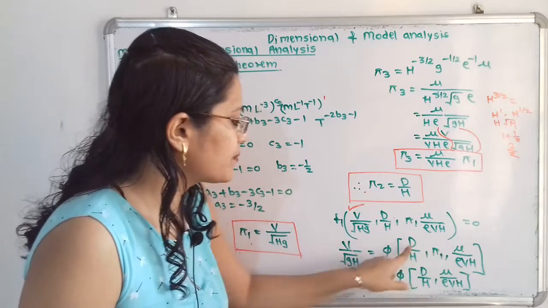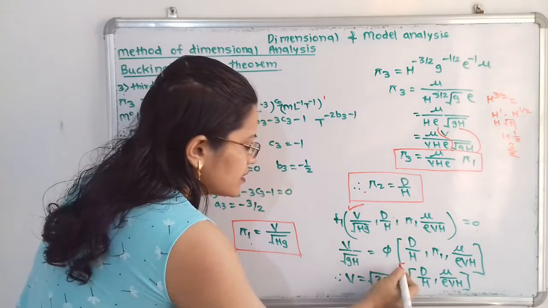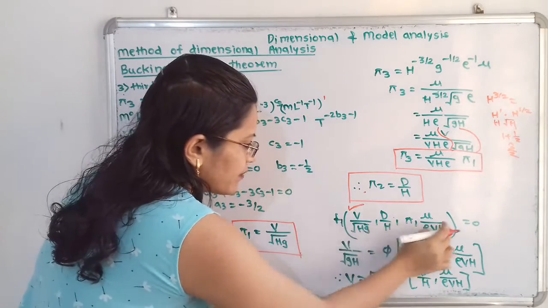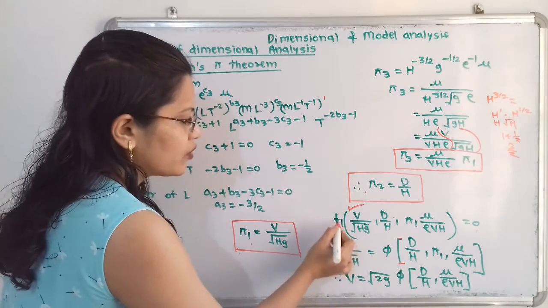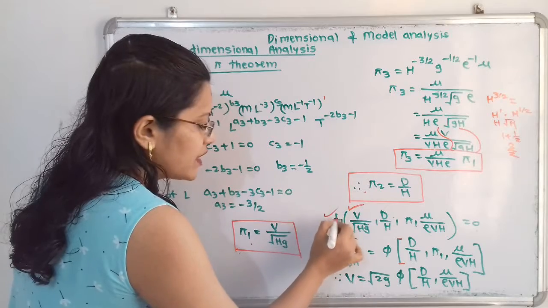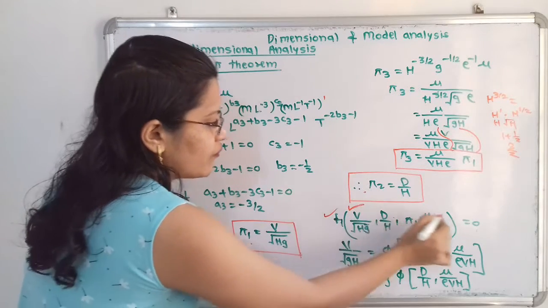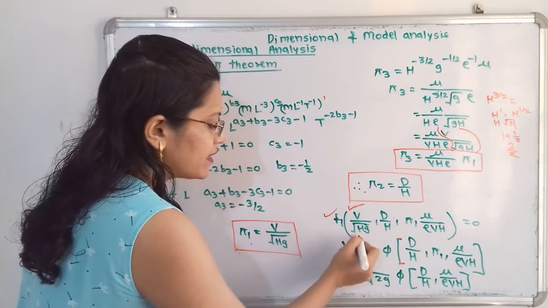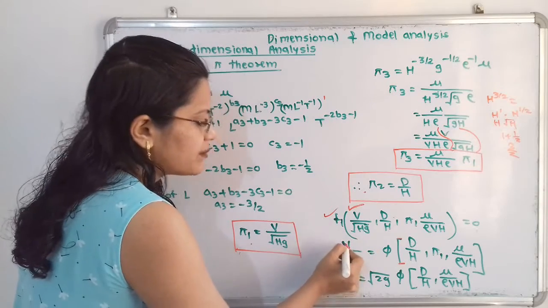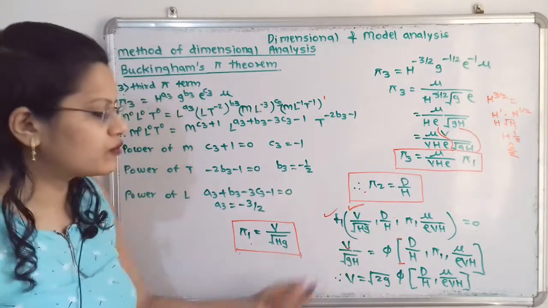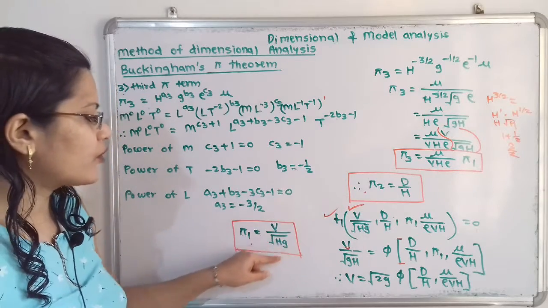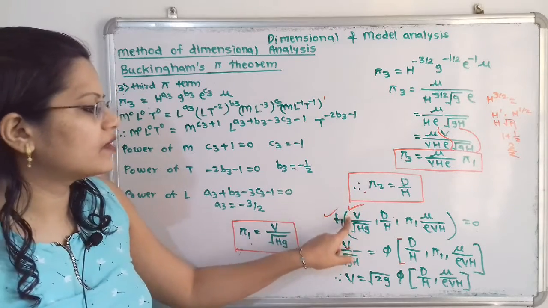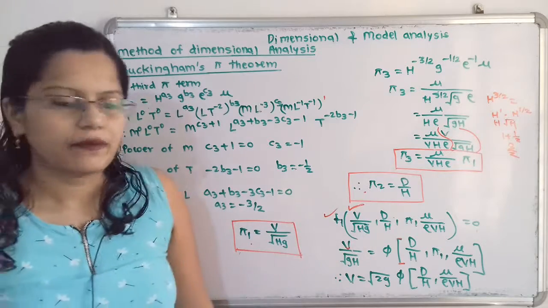So here in the bracket we have to take these remaining variables, and phi we will take here as a constant because we have taken this f1, that is the function of all these variables, but v by under root of hg is the dependent variable, so we have to take here on the left hand side because this is the first value. So for the first value after f1 we have to take outside the bracket.